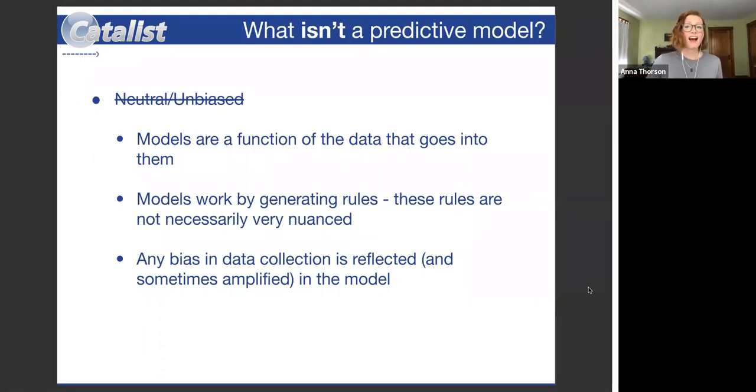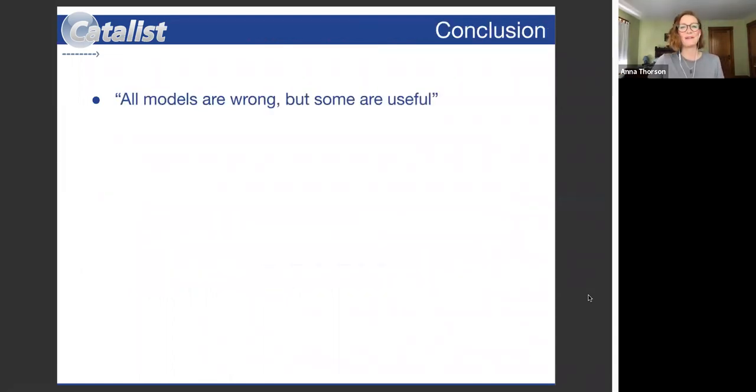So I just told you a bunch of stuff about models that really makes them sound like a bummer. So I will leave you with this. This is a semi-apocryphal quote from a statistician from the 60s: all models are wrong, but some are useful. And this is how I think about models.